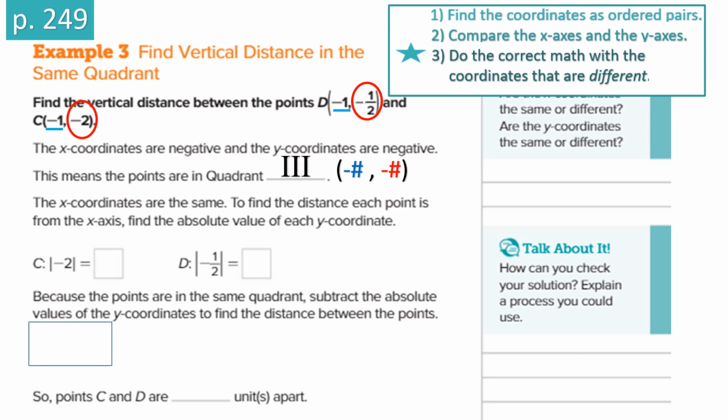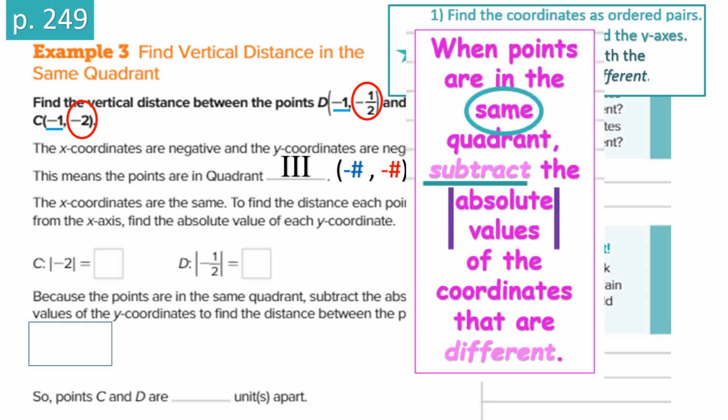So then, since they're in the same quadrant, I know I'm going to subtract them. Therefore, I find the absolute value of -2, which is 2. I find the absolute value of -1/2, which is 1/2. And then I simply subtract them. Now, subtracting fractions. Once again, how do we do it?